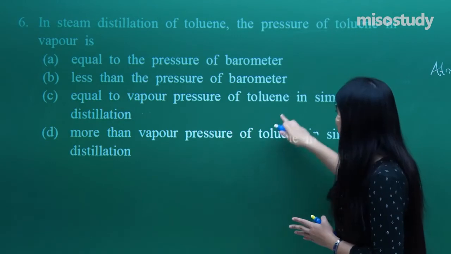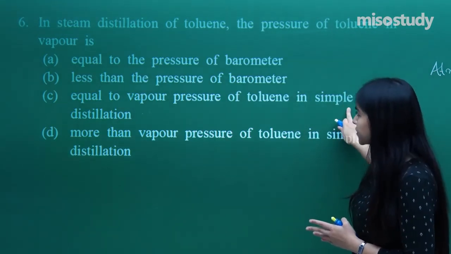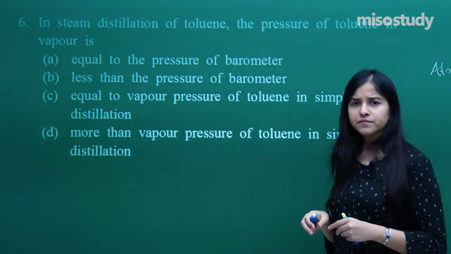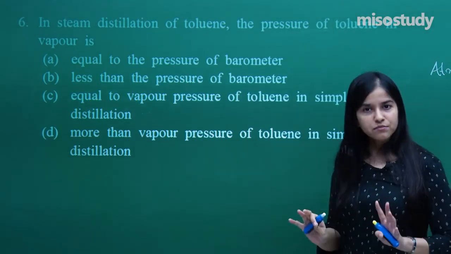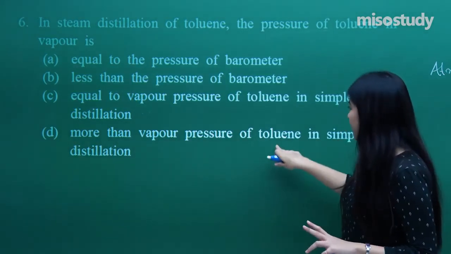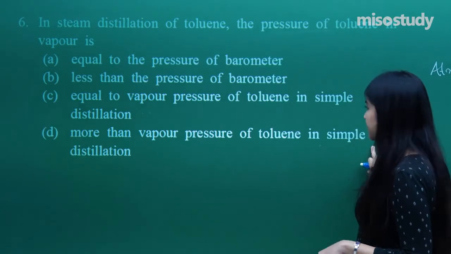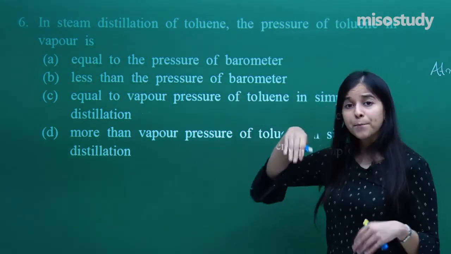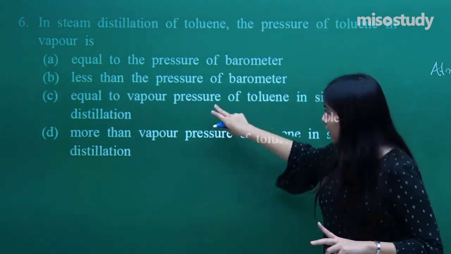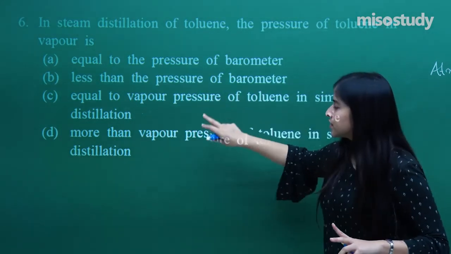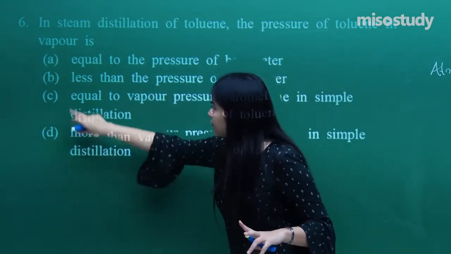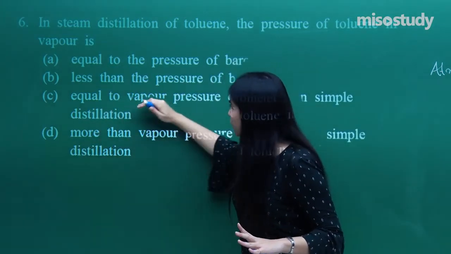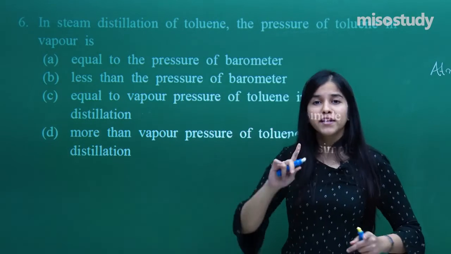Equal to vapor pressure of toluene in simple distillation, no, it does not correlate with steam distillation. More than vapor pressure of toluene in simple distillation, not more, not equal, but less, right? So if these two options would have got the less vapor pressure, then it would have been correct.